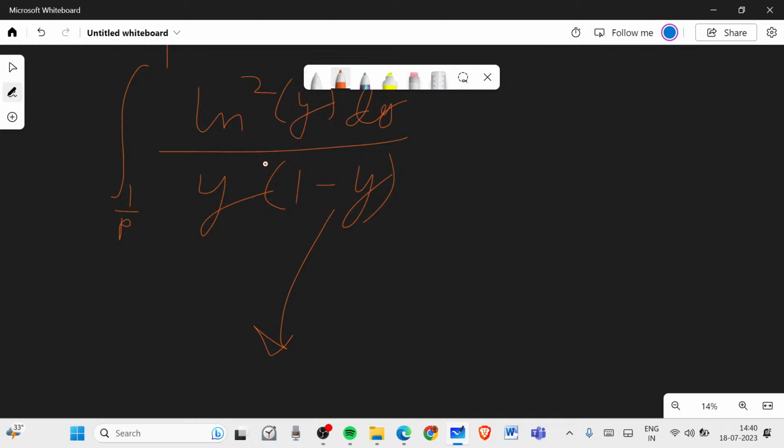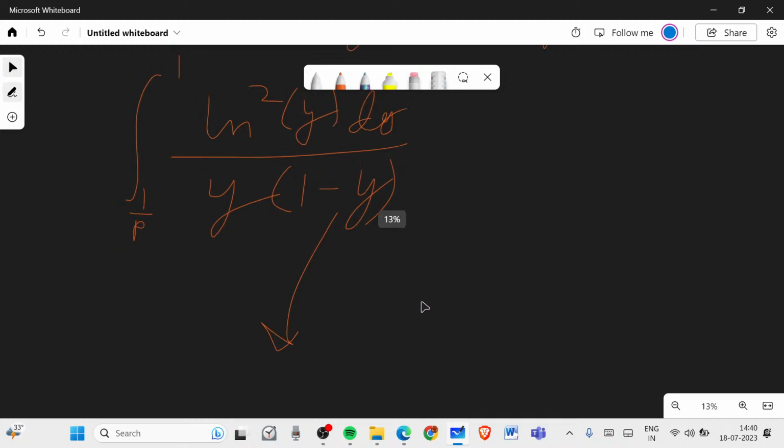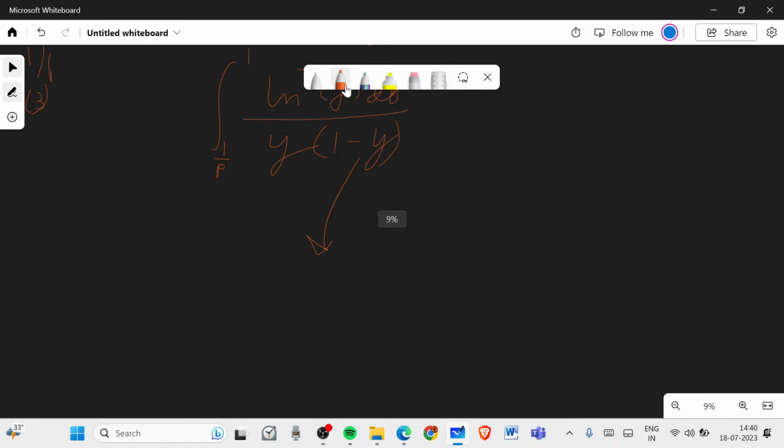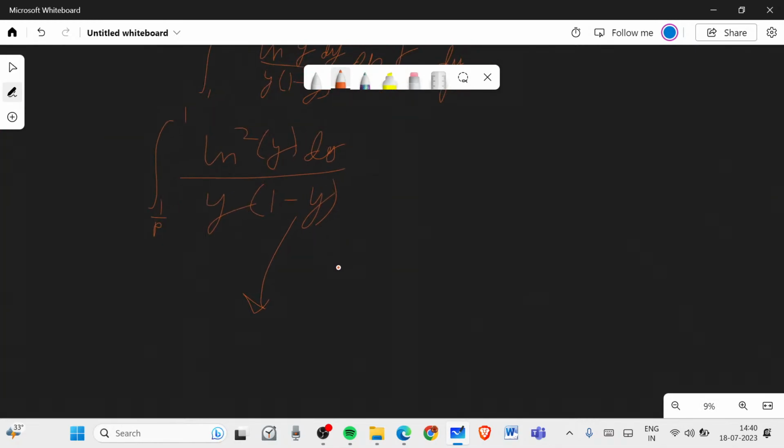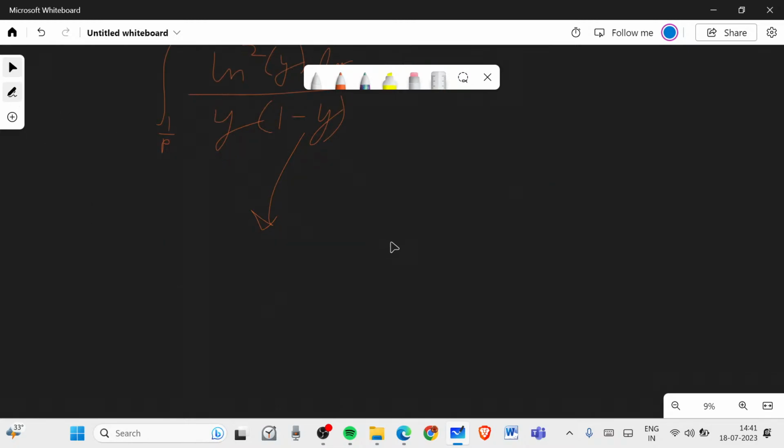On integrating it, we would get, like putting ln y as t, here is derivative, it's kind of integral of t square, and it's t cube by 3, right?